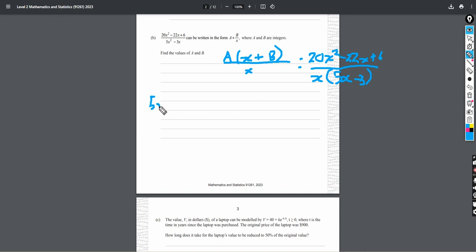Hang on. 5x minus 3 before, minus 3 minus 2, 4x minus 2. Does that work? Minus 10. It does. So that equals that divided by x times this.